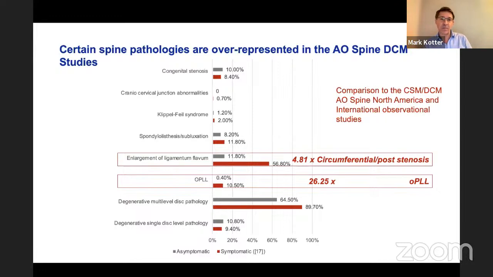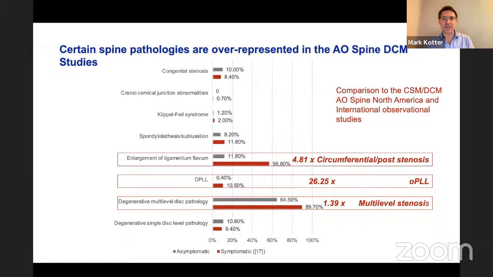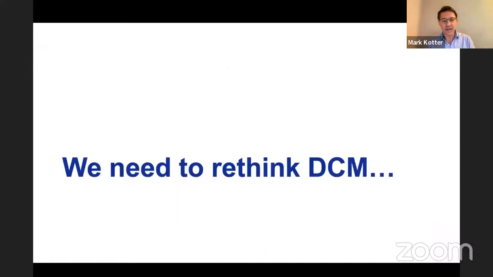So you see a very small proportion in the cohort studies, but 26 times overrepresentation in the AO studies, and also multi-level degenerative disease. All other parameters were actually very similar. This does not give us an answer to our question. So it doesn't look like this can explain the divergence.